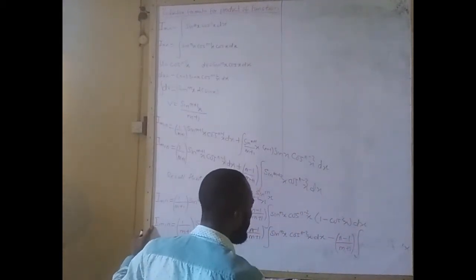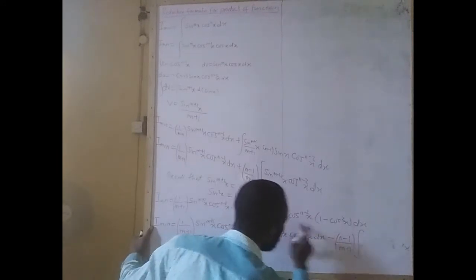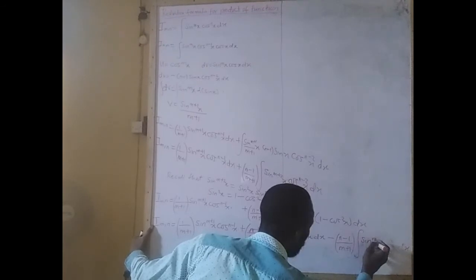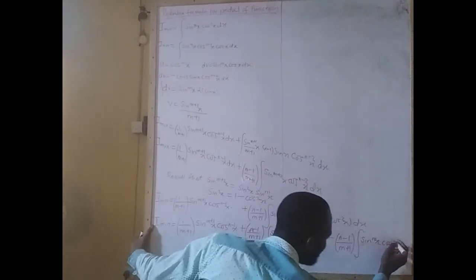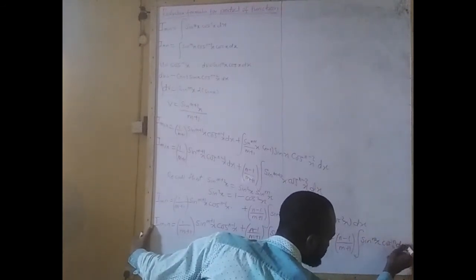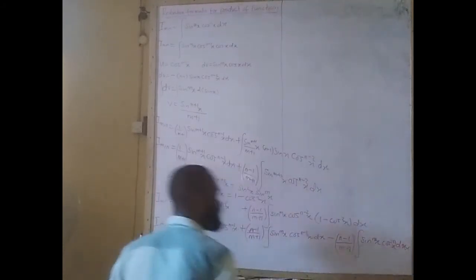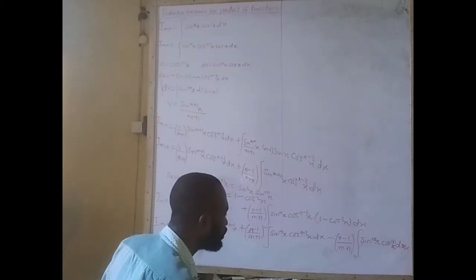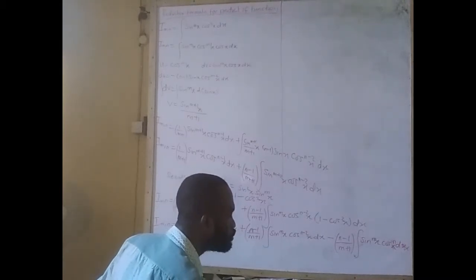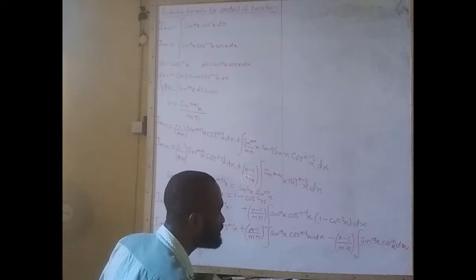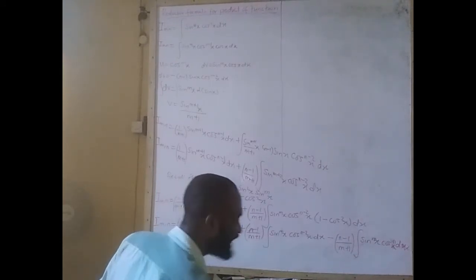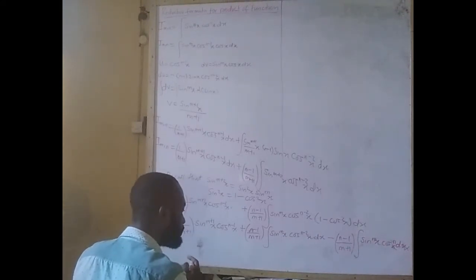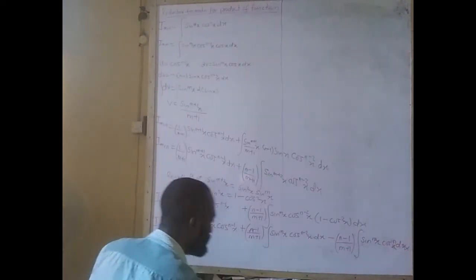Now this will give me the integral of sin^m x cos^n x dx. Yes, because cos^(n-2) x multiplying by cos^2 x, the law of indices is going to turn it to cos^n. At the end of the day, before simplifying, take note.